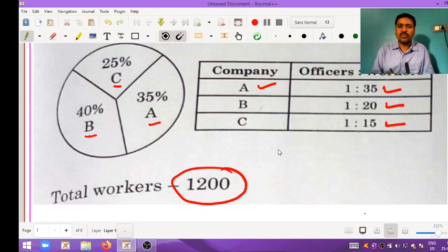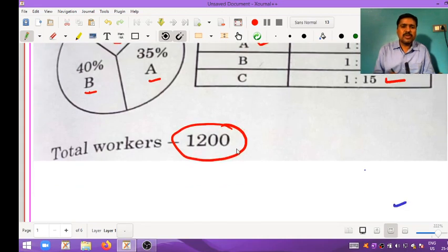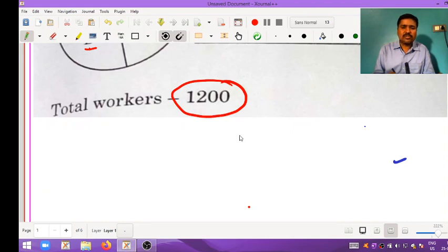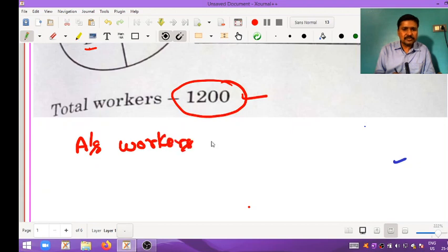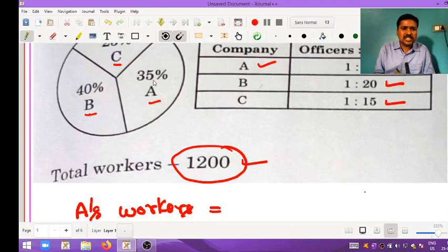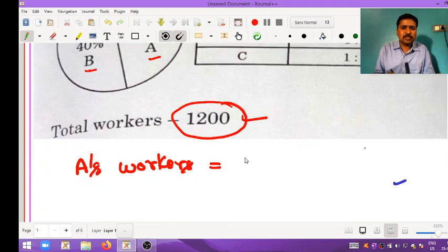Using these total workers, we want to find first of all company A's workers, the total number of workers in company A. Before going to the questions, first we have to find total workers. Company A workers is equal to 35%, and percentage means per 100, so 35 by 100 into 1200.